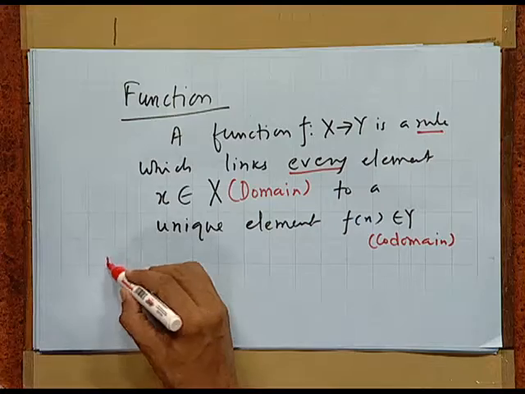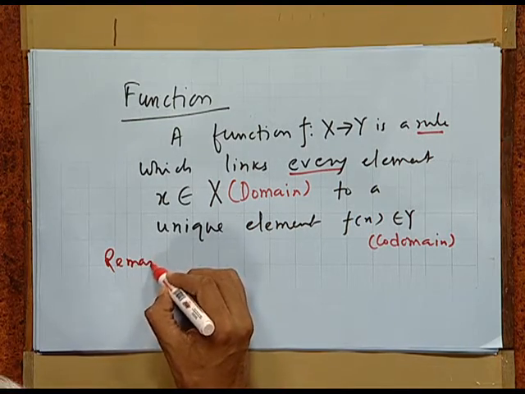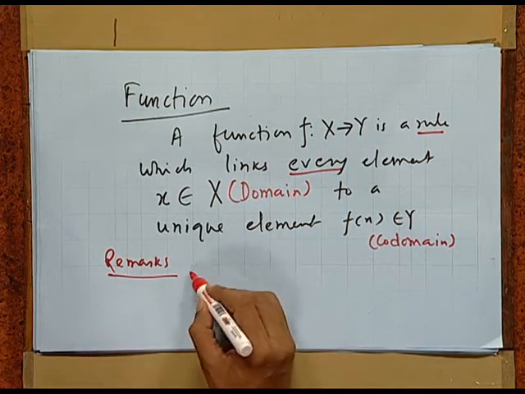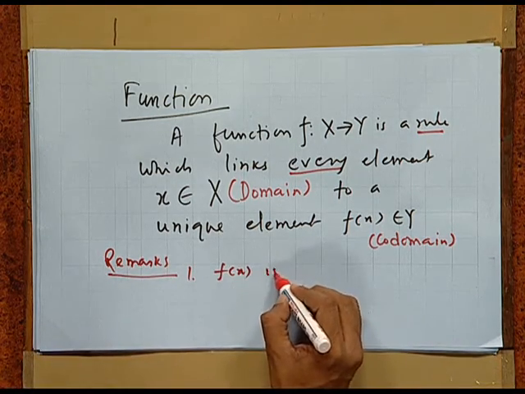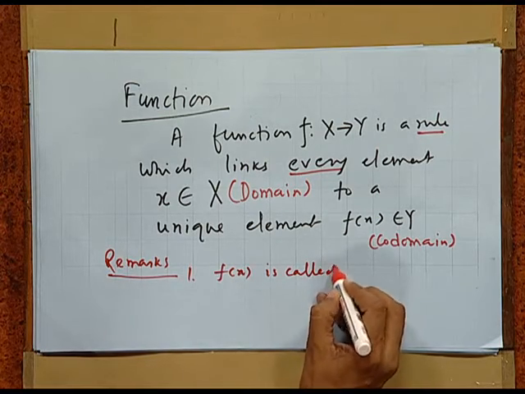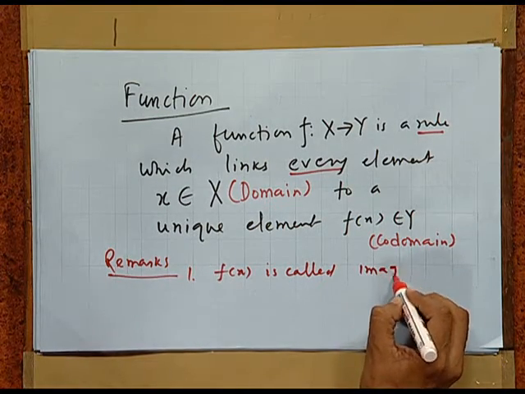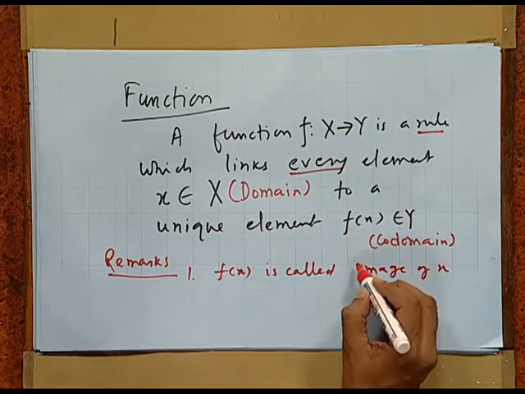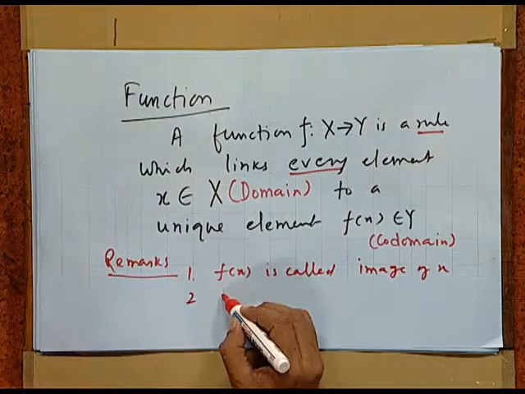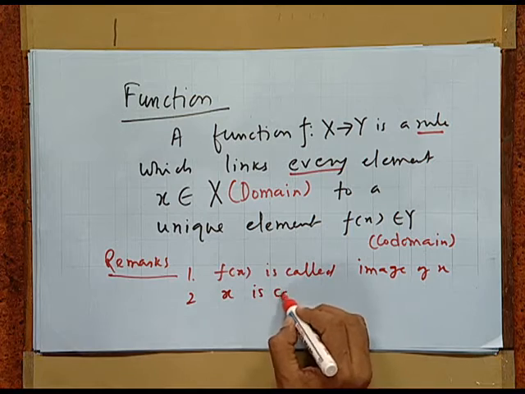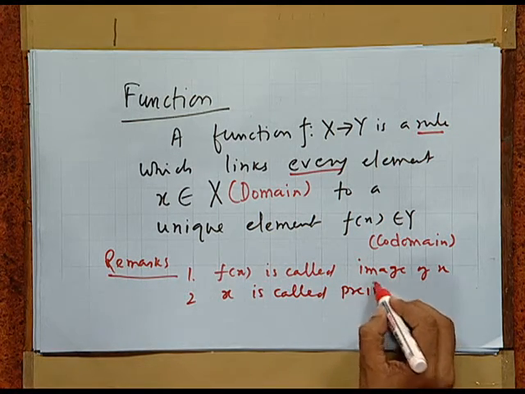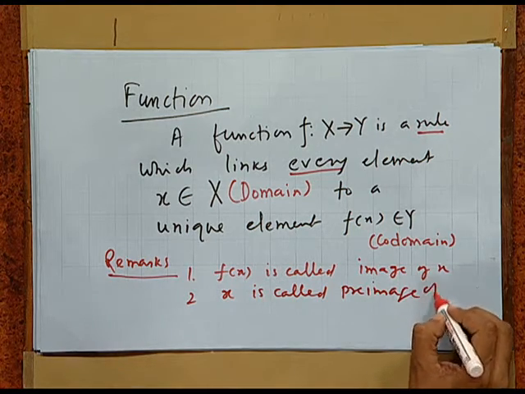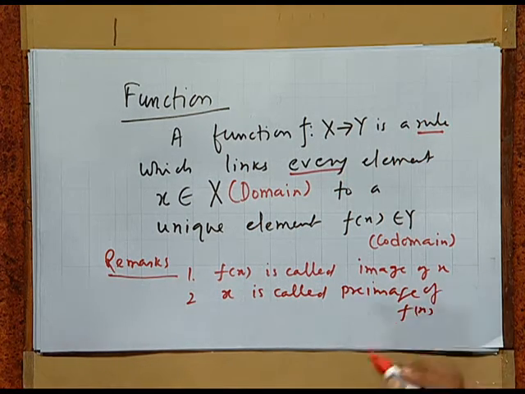Now, we have two remarks for it. Firstly, f(x) is called the image of x, and x is called, on the contrary, the pre-image of f(x).